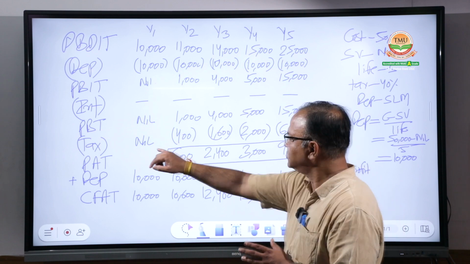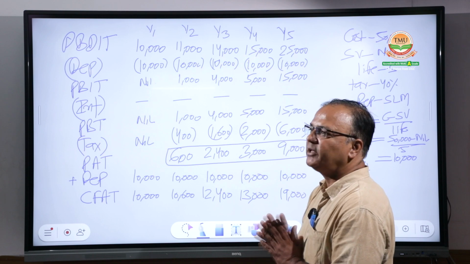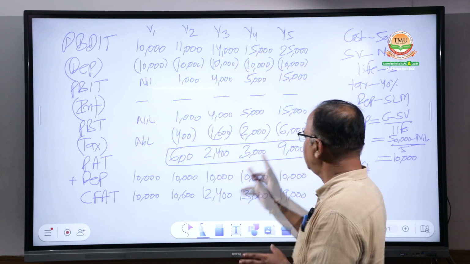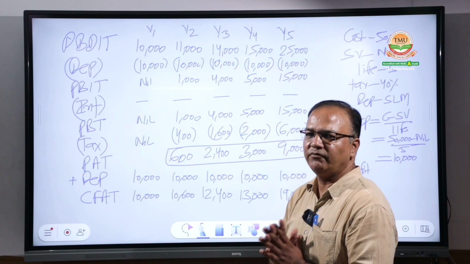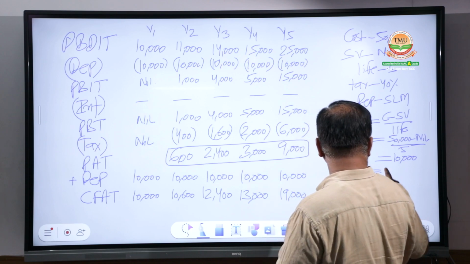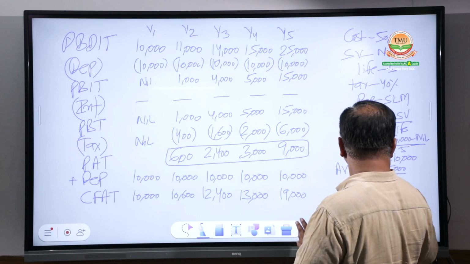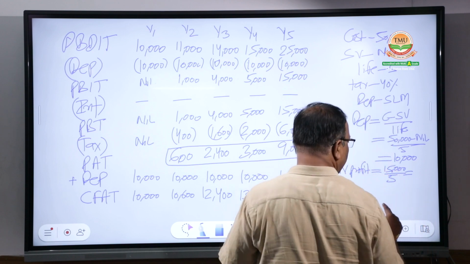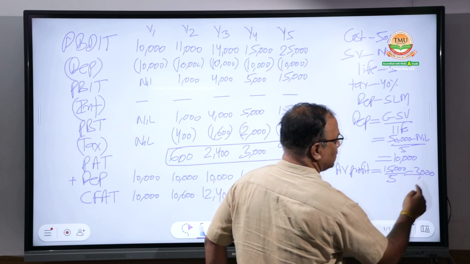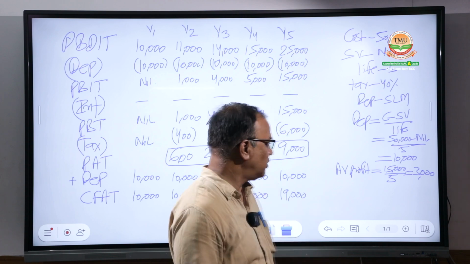Average profit is 0 plus 600 plus 2,400 plus 3,000 plus 6,000 plus 9,000, which is 15,000, divided by 5. It means average profit will be 3,000.